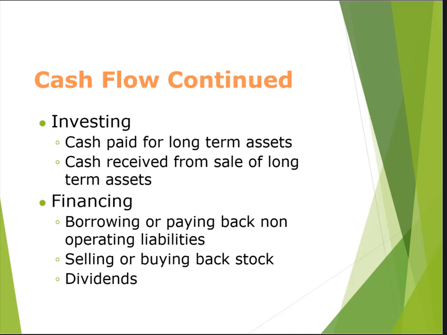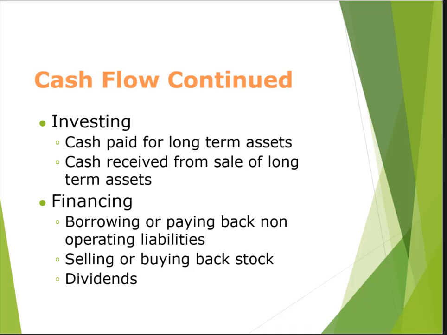Investing has to do with long-term assets. Notice, cash paid for long-term assets, cash received from the sale of long-term assets. Typically, there are two types of long-term assets: those that depreciate, buildings, equipment, that sort of thing, and those that don't, like investments, securities.